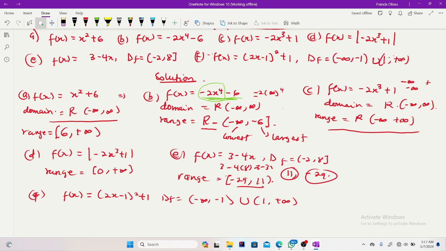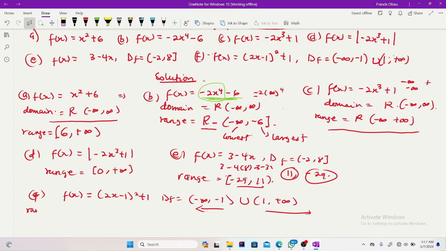So in our domain, it starts from negative infinity to negative 1, then it continues again from positive 1 to infinity. So these are two separate intervals, from 1 forward and from negative 1 away. So what will be the output of this function given this interval?